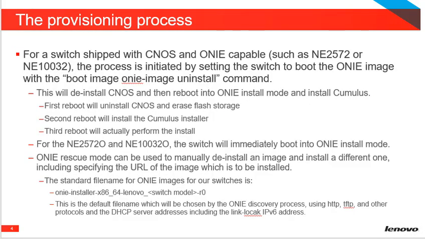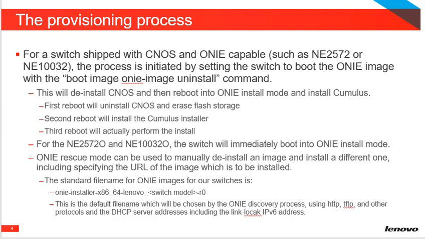The provisioning process that we will go through uses an NE2572 server that comes with CNOS, and the same would work on an NE132 server. We will initiate the process by setting the switch to boot the ONIE image with the boot ONIE image uninstall command.